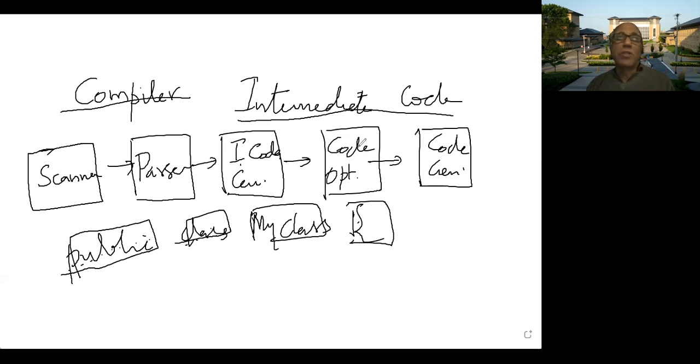So one intermediate line might be translated into 2 or 3, or maybe one or 2 or 3, that kind of stuff, machine instructions. And once the machine instructions are assembled, perhaps this can be put on a processor and executed. But the compilation is done.